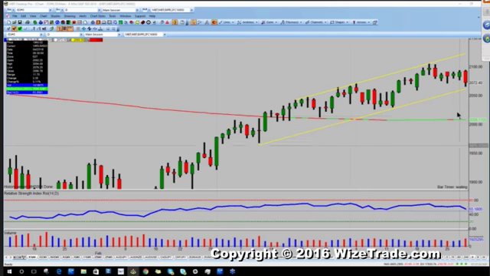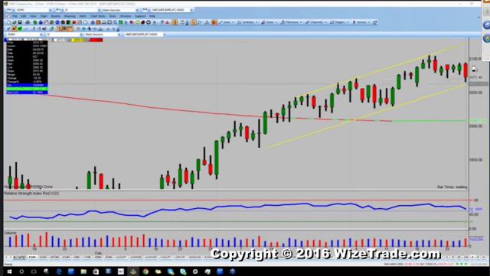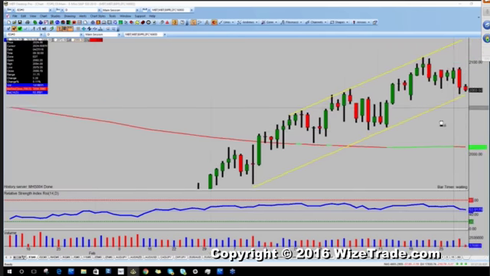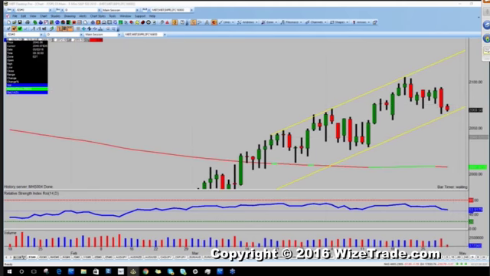Now here, let me just point it all out. See how the candle is taller than this candle? See how the body engulfs the previous body? Obviously the candle is bigger than that candle, so we have a bearish engulfing candle.